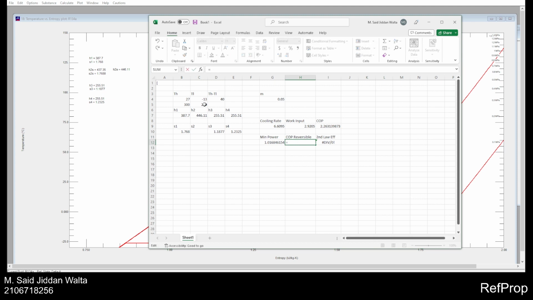It is the lower temperature, the cooling temperature that we intend to have, divided by the difference between the temperature at the higher temperature reservoir and the lower temperature reservoir. And we find this to be 6.5 and the second law efficiency to be 0.348, or we can use the typical convention of the second law efficiency, or efficiency in general, being a percentage, and multiply this by 100 to get 34.817% for the second law efficiency.